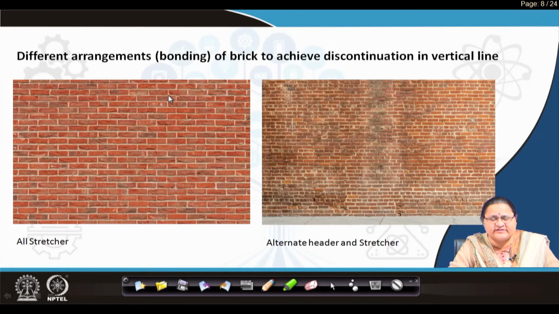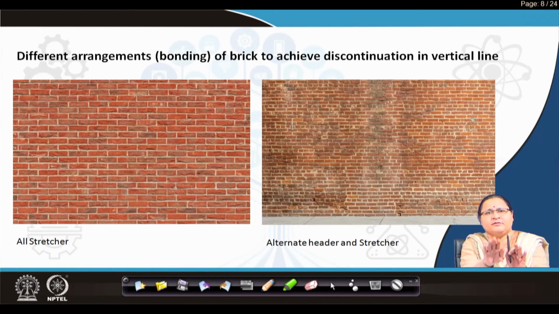This is only stretcher, but what you see, as had been mentioned, is there is no continuous vertical line. If there is one continuous vertical line, it separates the two masses. So, any kind of lateral force coming in has to face each, isolated from the other.